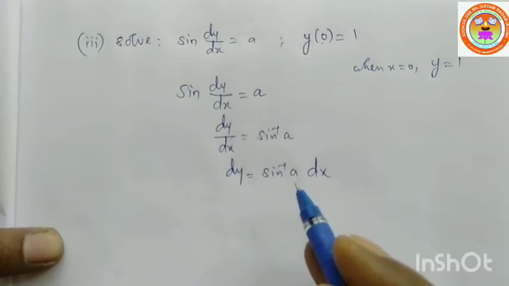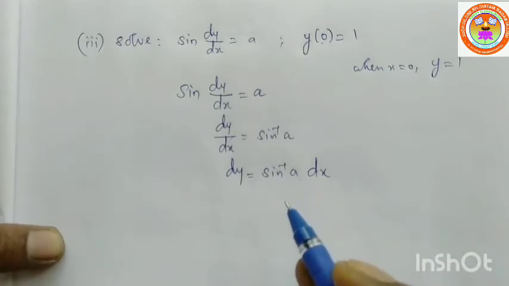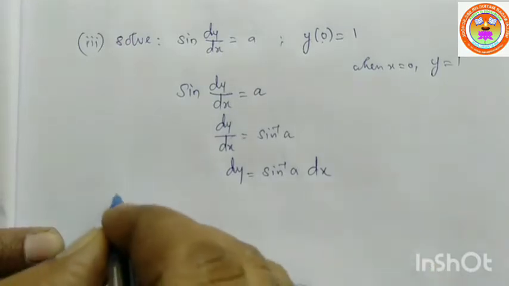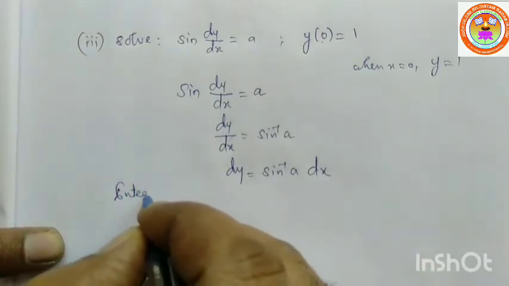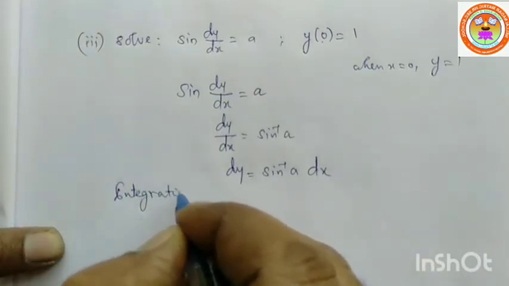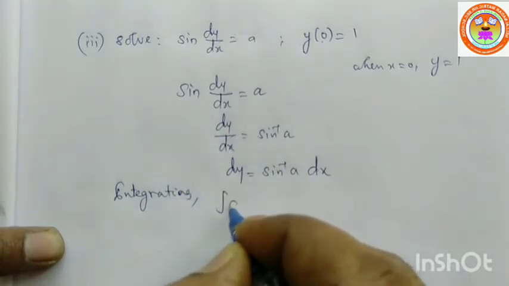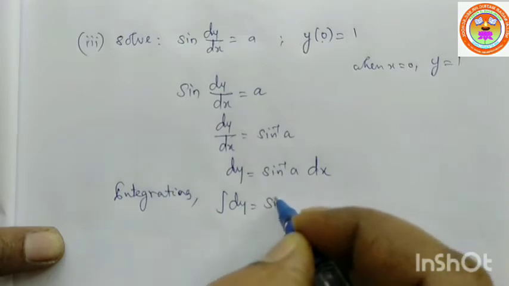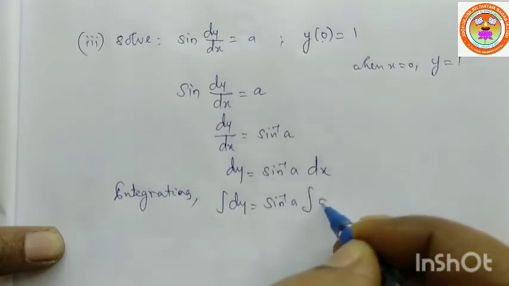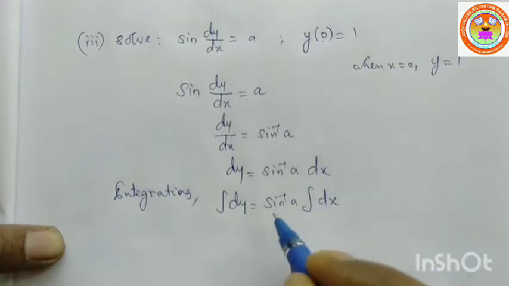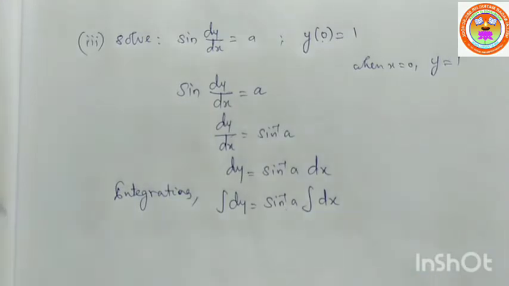After separating the variables, we have to apply integration. When we integrate, we will get integral of dy is equal to sine inverse of a into integral of dx. Sine inverse a is one constant.